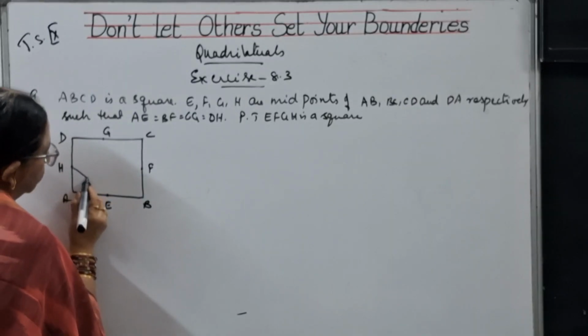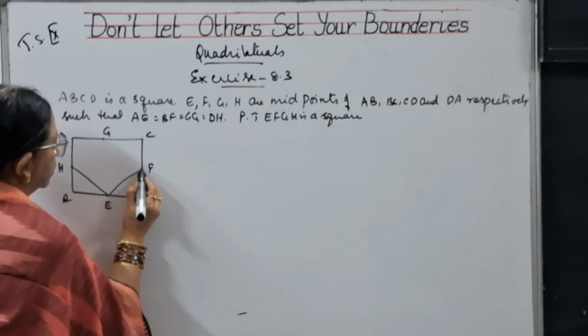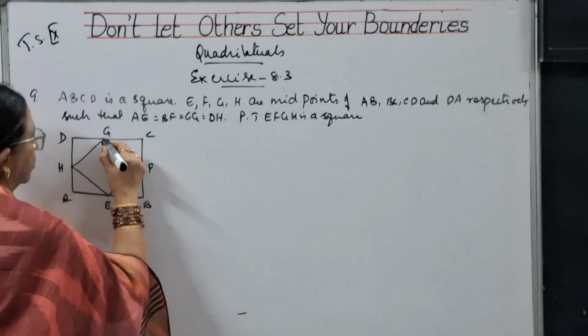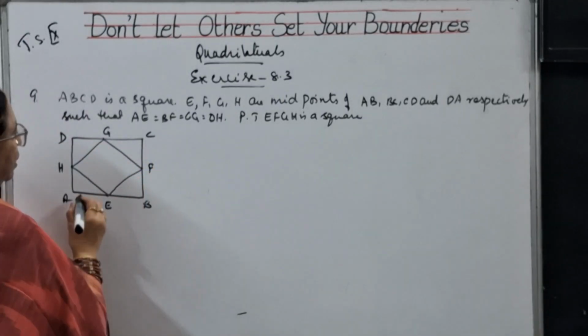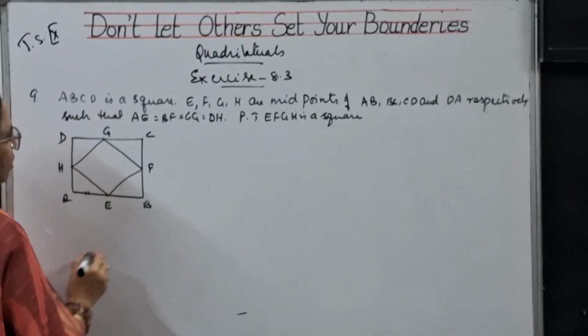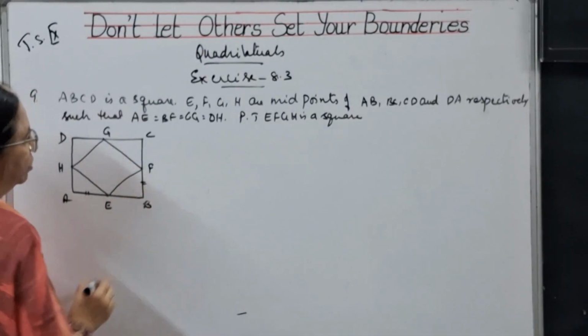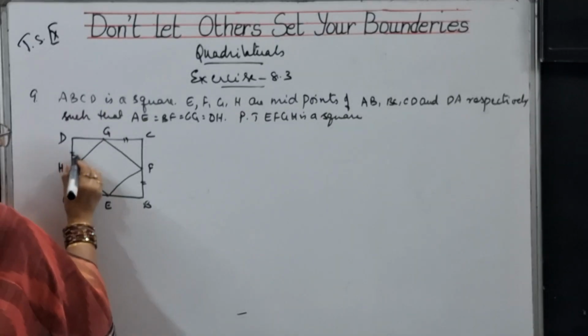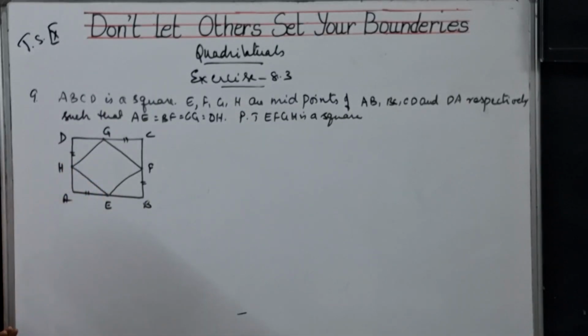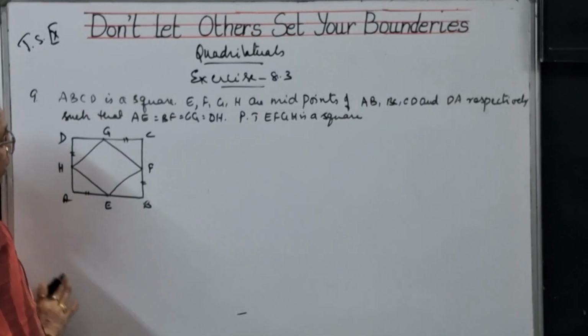Now, join this. Apart from this, what did they say? AE is equal to BF is equal to CG is equal to DH. Now we need to prove that EFGH is a square.